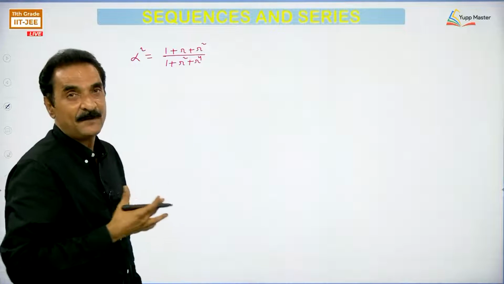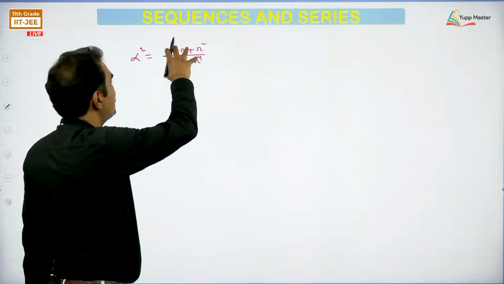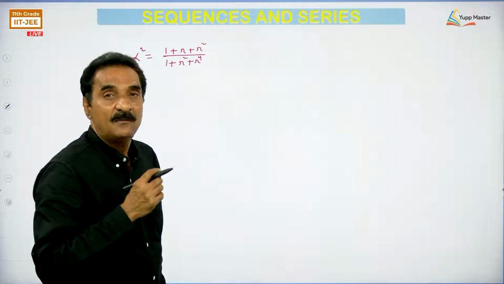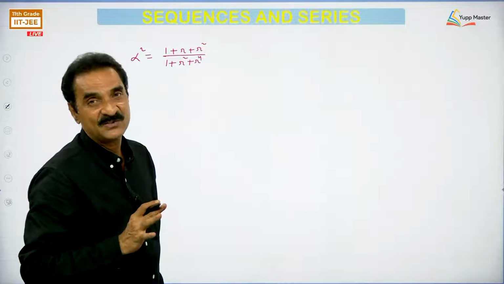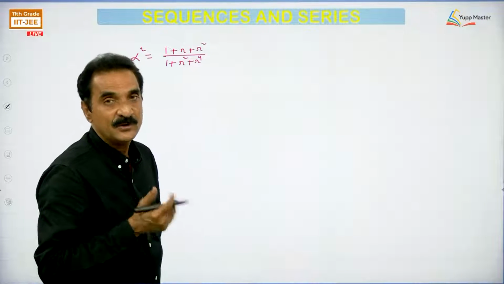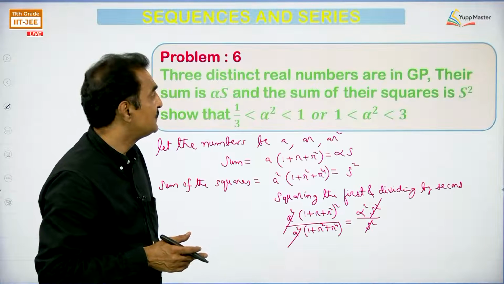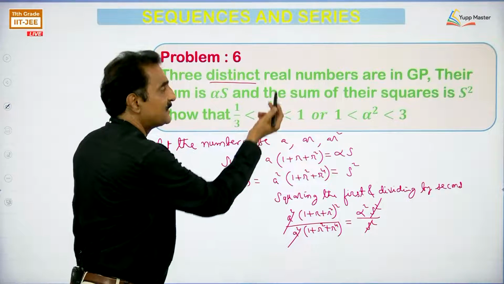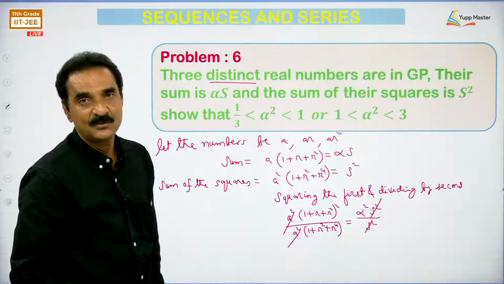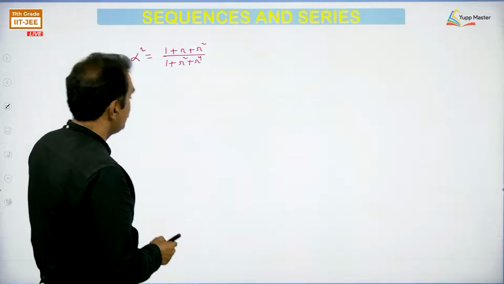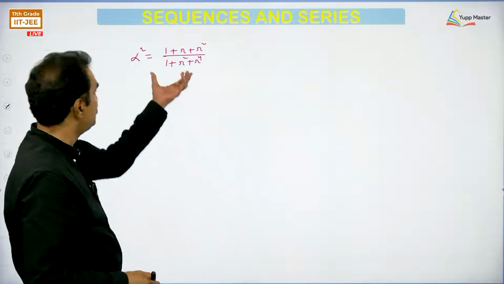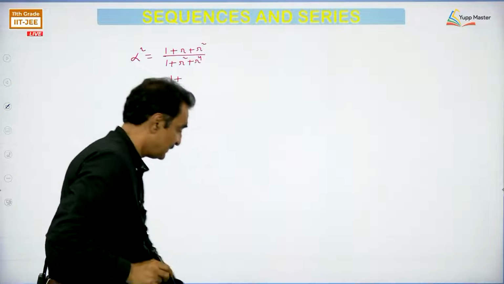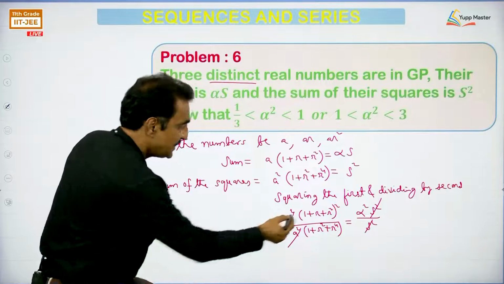We have to find the interval of alpha square, means we have to find the range of this. R is any real number, but usually as I said earlier, we won't take r equal to 1 or minus 1. Excluding that case, if r is equal to 1, what happens? All numbers are equal. Here he said distinct real numbers, so automatically r equal to 1 is ruled out. Okay. Now, how to find the range of this kind of term? Here you are having whole square, na?